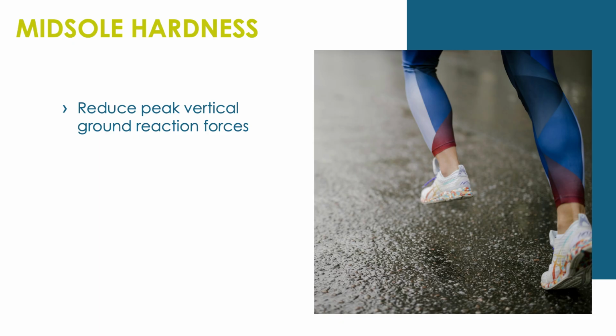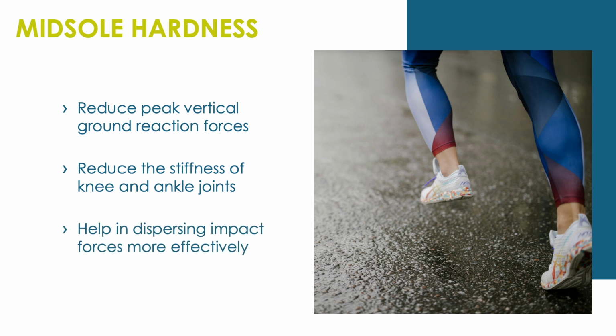While it's commonly assumed that softer midsoles provide better cushioning and injury prevention, findings in the literature are inconclusive. Some studies have shown that increased midsole hardness may reduce peak vertical ground reaction forces and the stiffness of knee and ankle joints, suggesting that harder soles might help in dispersing impact forces more effectively and, paradoxically, reduce injury risk.